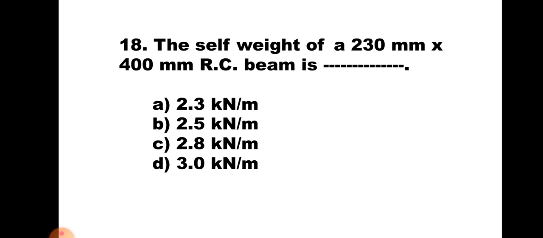So here you will see that 0.23 into 0.4 into 25, and that will be the UDL in kilonewton per meter, and it will come out to be 2.3 kilonewton per meter. Hence the correct answer is A, 2.3 kilonewton per meter.